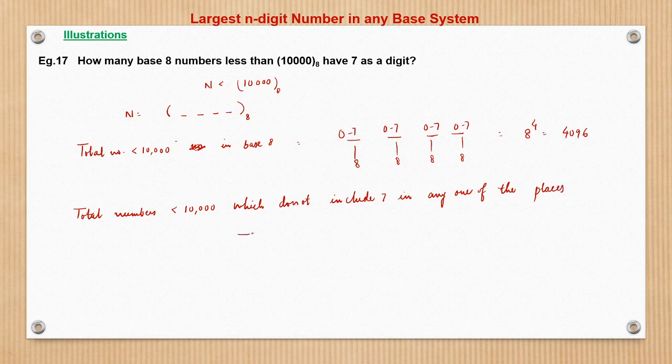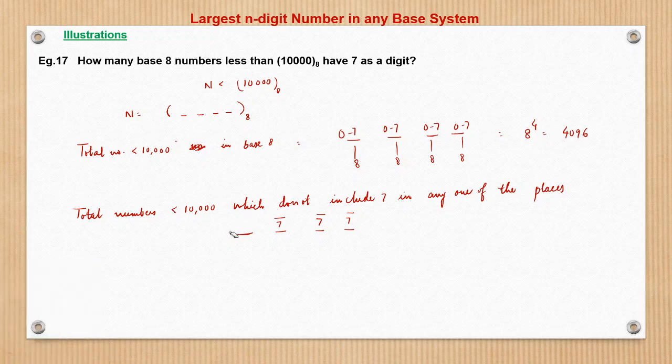Here it can have all the values except 7. So 7 bar means 7 is not here. It has all the numbers from 0 to 6.